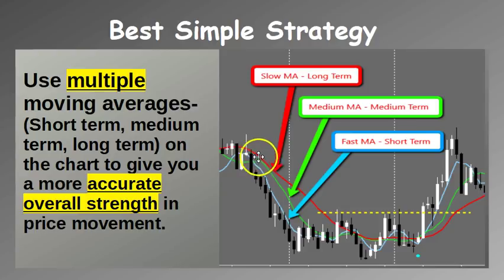The red slow moving average doesn't have to have the same angle as the green and blue moving average, but these two have to be below the red for it to be in a downtrend. Here, the two fastest moving averages have to be above the red for it to be in a strong uptrend.